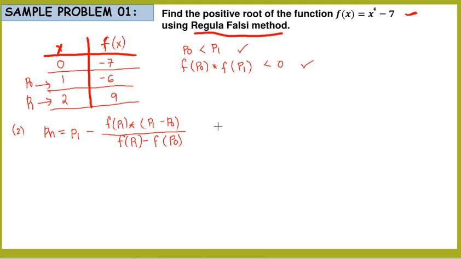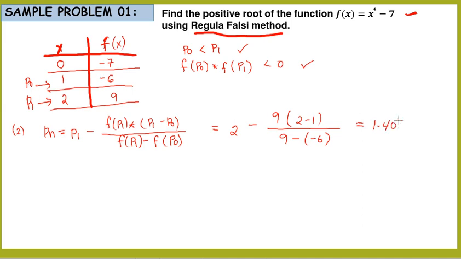We can directly calculate our Pn, which is equal to P1, that is 2, minus. This is actually the same with the second method. Pag maalala nyo pa yung topic natin last meeting. Yung function ng P1 natin is 9 multiplied by 2 minus 1 over the function of P1 that is 9 minus negative 6. So yung value ng Pn natin dito is 1.4.